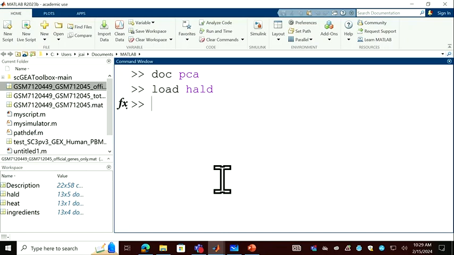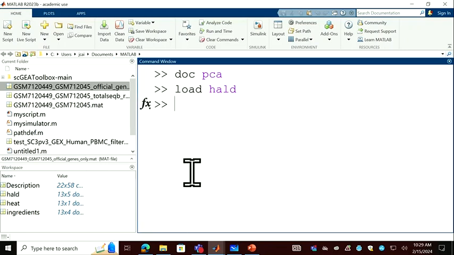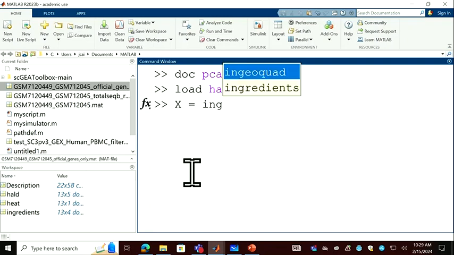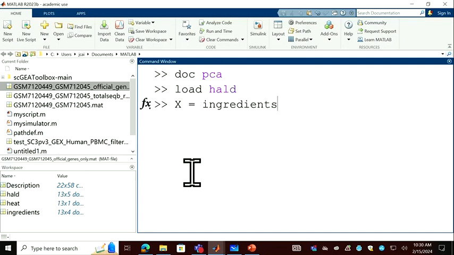This is the matrix we are going to use, ingredients. I just copied the name, so it's easy to handle.